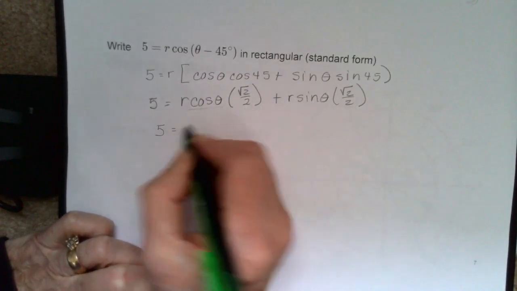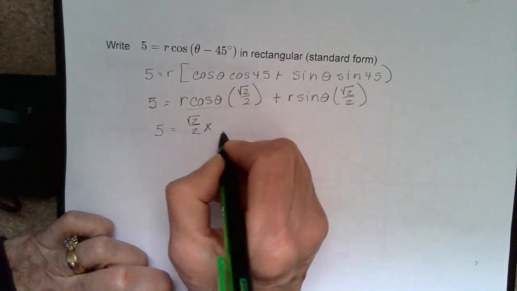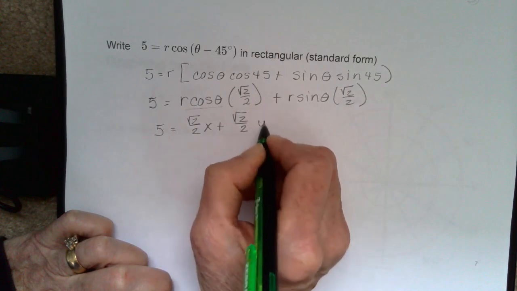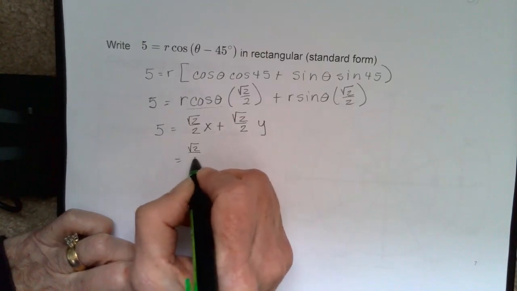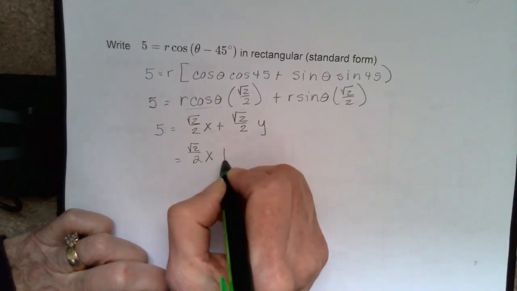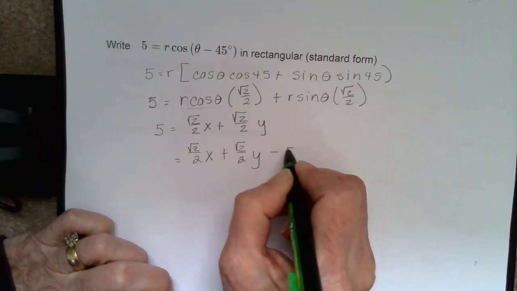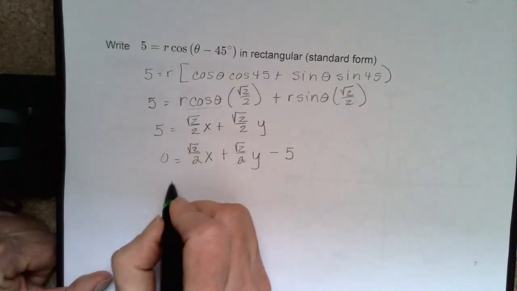So I have 5 is equal to the square root of 2 over 2 x plus the square root of 2 over 2 y. Going to bring the 5 over, so the square root of 2 over 2 x plus the square root of 2 over 2 y minus 5. And I'm going to multiply through to get rid of the 2.